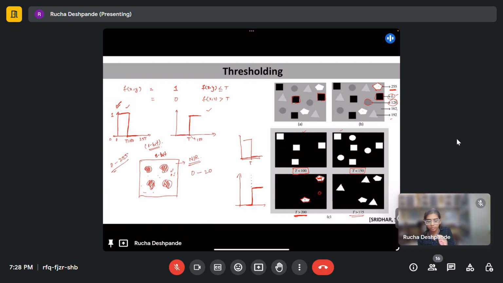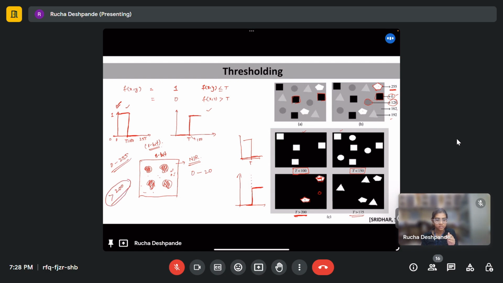Suppose water pixels range from 0 to 50, 0 to 20, and the rest is vegetation pixels with higher values, say greater than 200.